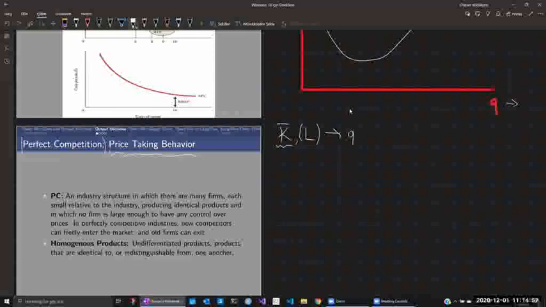So a perfectly competitive industry would mean that there are way too many firms, so that each firm is atomistic, very small, unable to affect the market prices alone. And we also assume that they are producing exactly the same output in a particular industry.